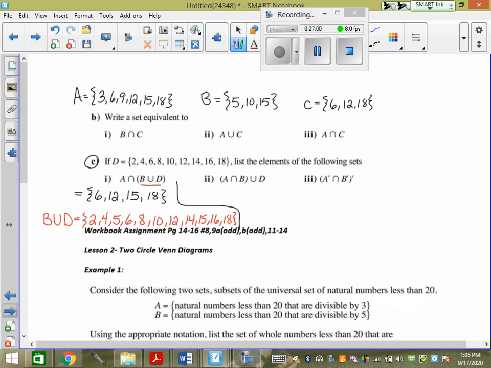For number 2, which do I have to do first? A intersection B, correct? A and B, because it's the one in brackets. So what's in A and in B? 15?